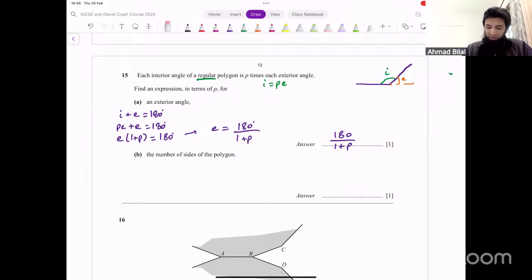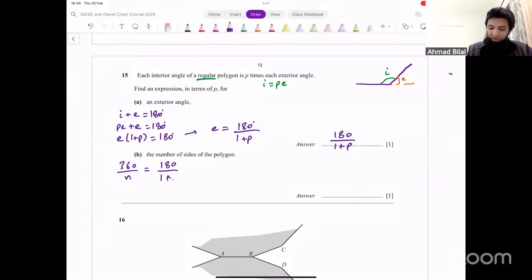It's a regular polygon. What do we know about a regular polygon? What's each exterior angle of the polygon? It's 360 over n, right? Each exterior angle of a regular polygon is given by 360 over n. In the previous part, we found that this angle is 180 over 1 plus p.